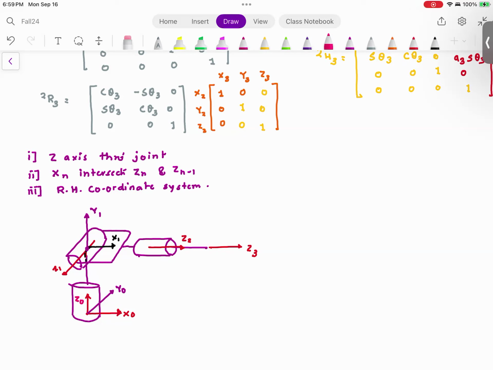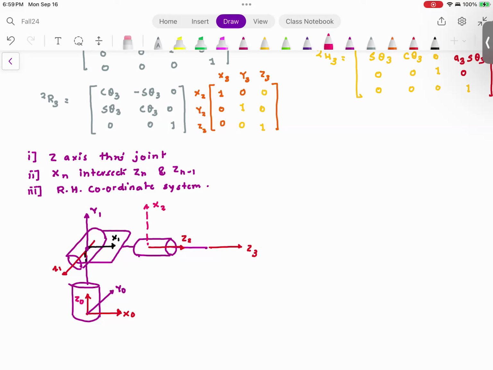Now comes a very, very important question. Everyone, look at the board and tell me, where should I draw X2? Okay, if I draw X2 here, X2 is intersecting with Z2.